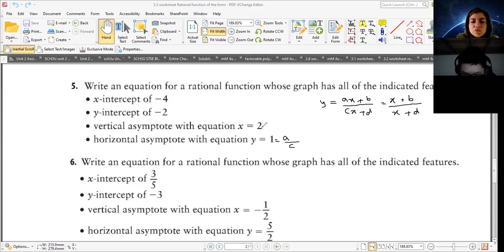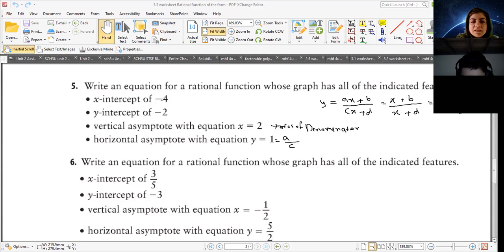Also, vertical asymptote is 2, which means the denominator needs to have a zero of 2. So the denominator should be x minus 2. Make sure the zero in the denominator is that. Then the x-intercept is on your top.